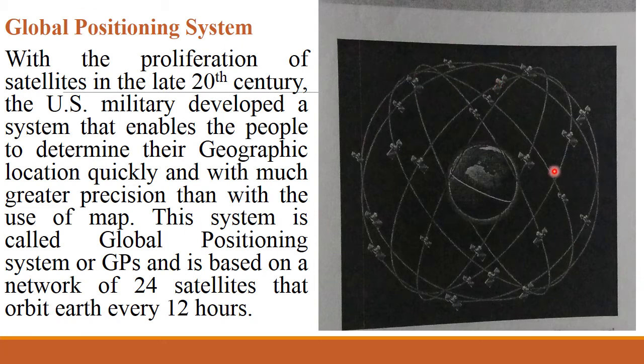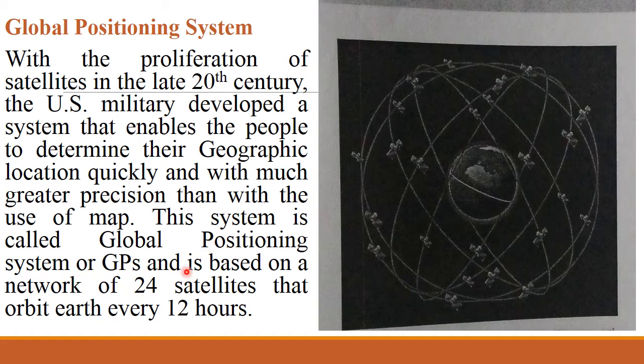This whole system is given in this picture. This is our Earth, and these are the satellites, arranged in such a way that they can get the whole image of the Earth at different time intervals.